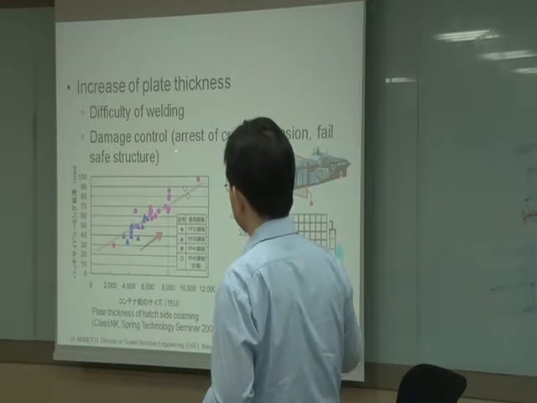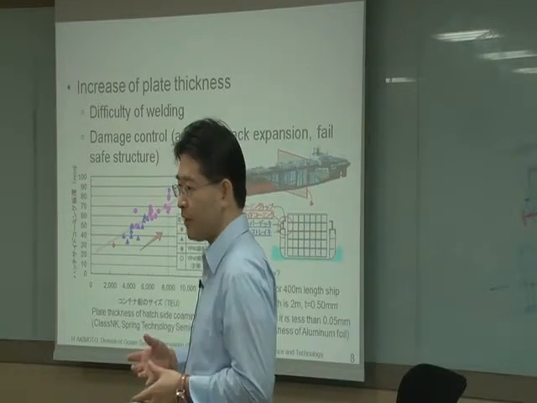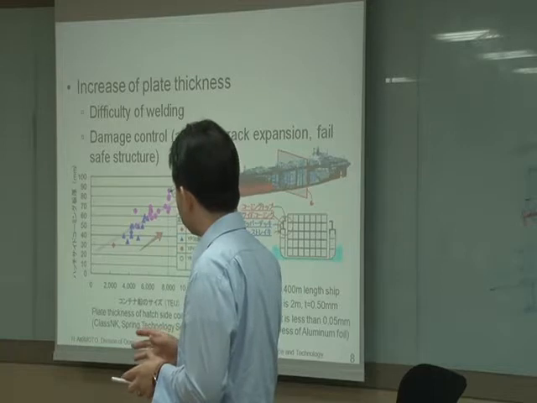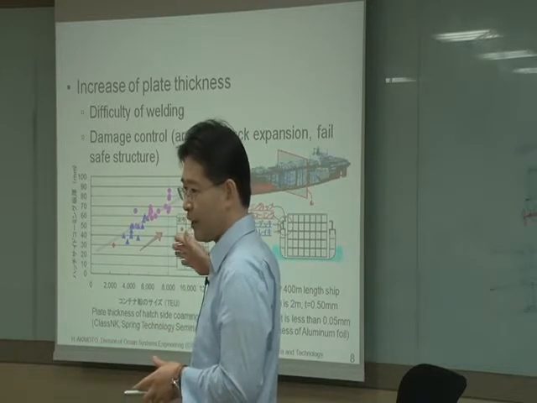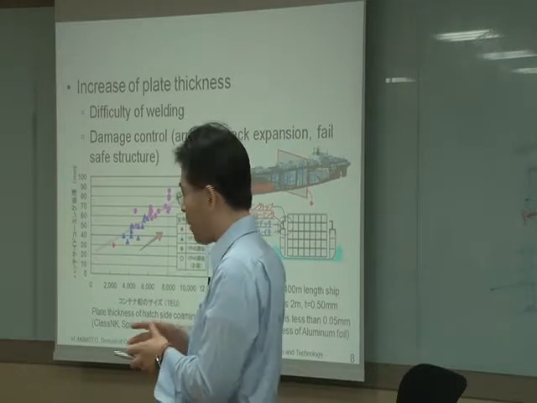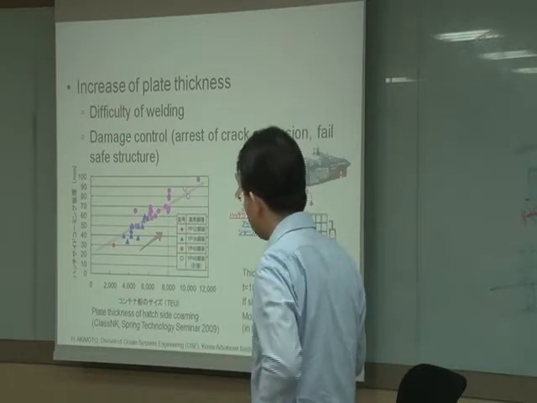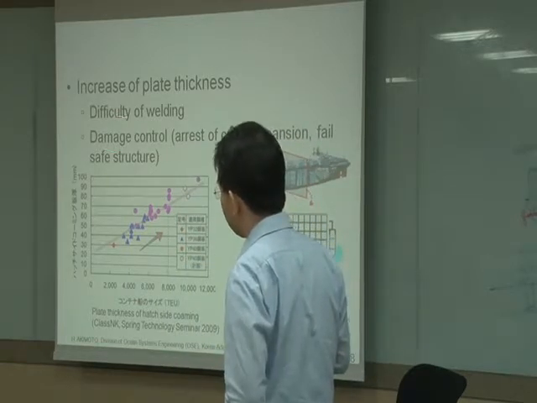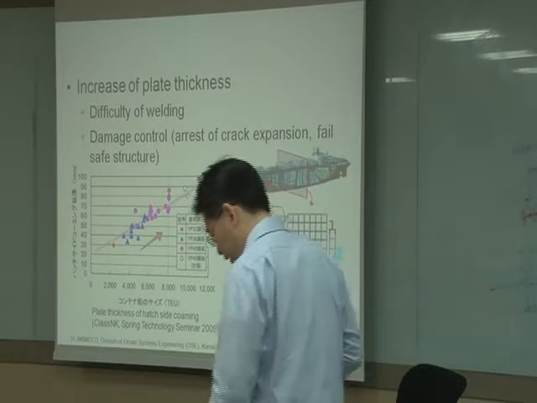Damage control means that when one part is broken and the crack is expanding, the crack should be contained in one part to avoid overall destruction. So it requires higher engineering knowledge for the design.